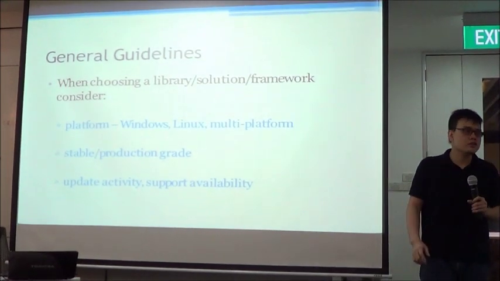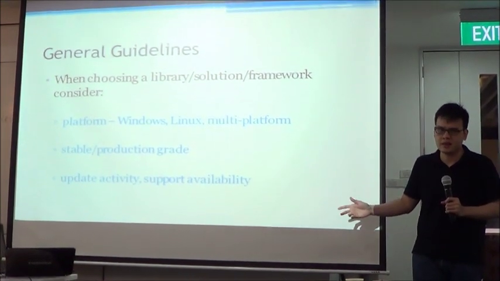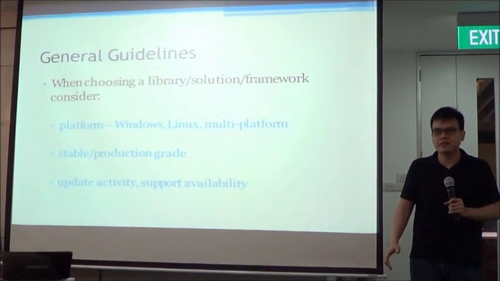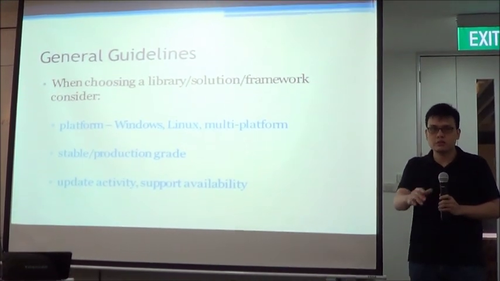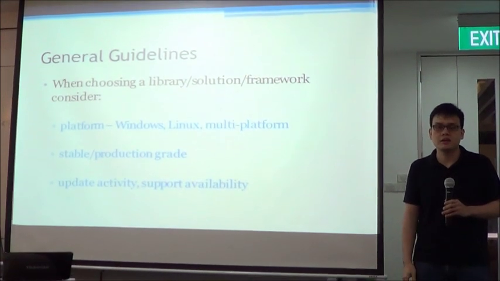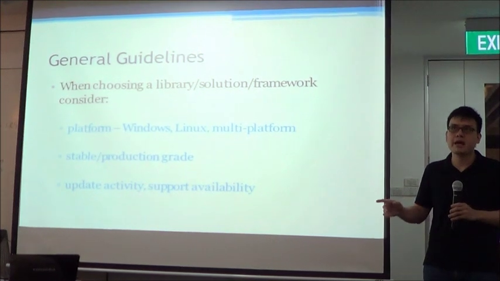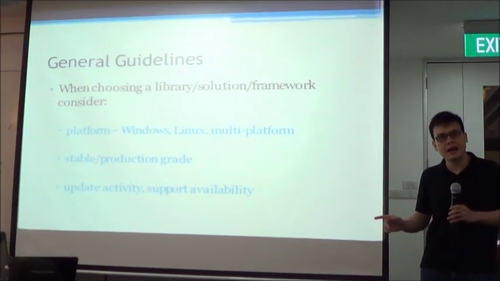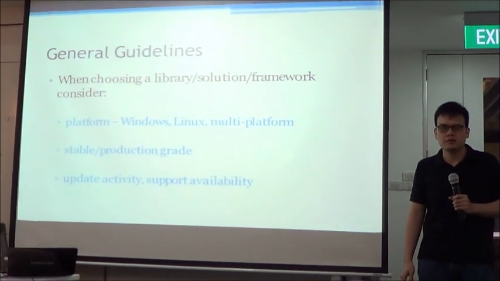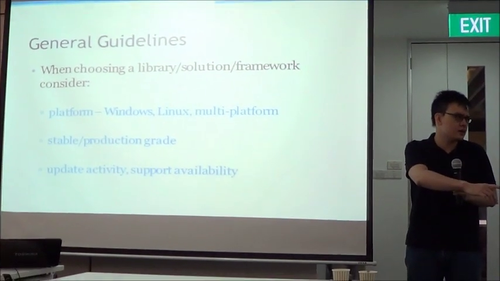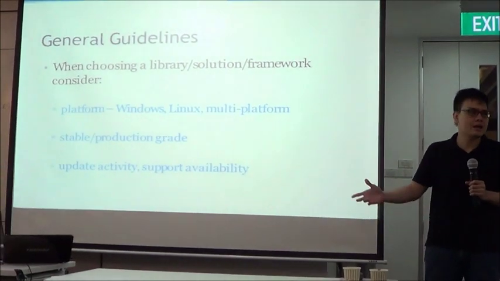Second, consider also if the libraries or the solutions are already stable or production grade. There's actually plenty of things around in Python, and I think I should introduce, especially for the beginners, what we call the Python Cheese Shop, or PyPI, pypi.python.org. This is actually the equivalent of, for Ruby, what's for Ruby? Gems. For Perl, it's called CPAN.